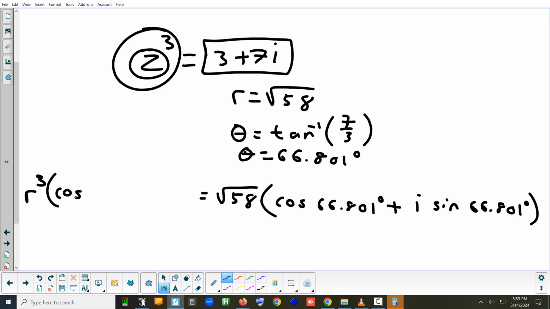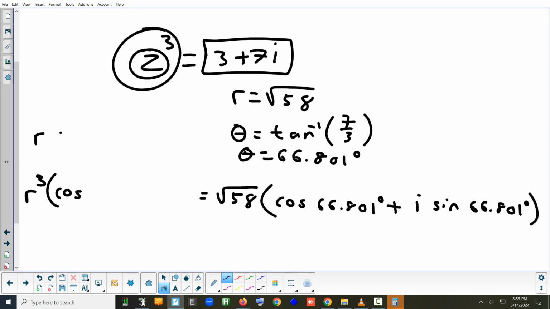And it's cubed, so what's that angle going to be when you cube it? Like what would the 66 be cubed? You have to use de Moivre's theorem here to cube.